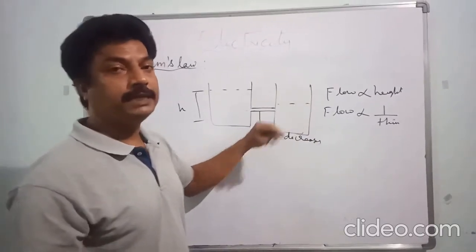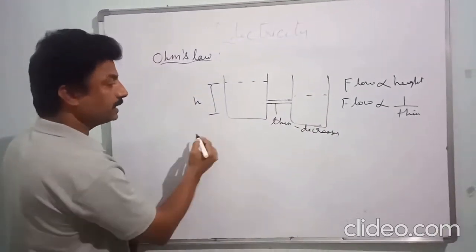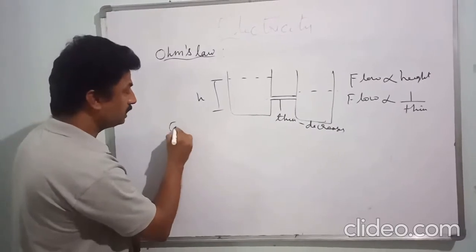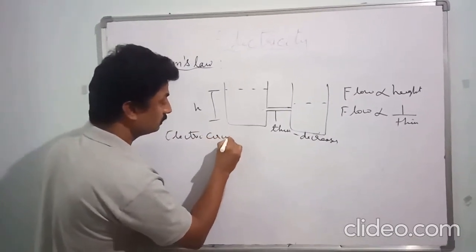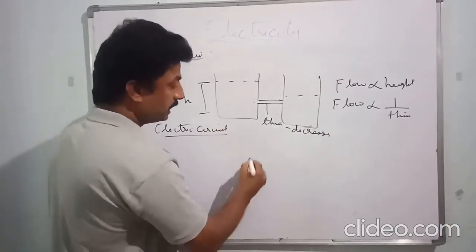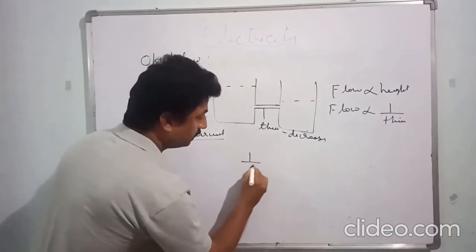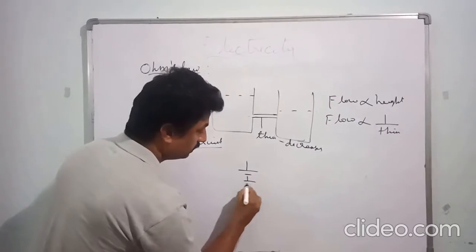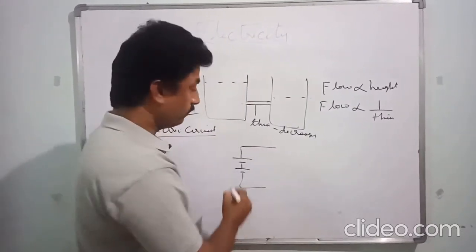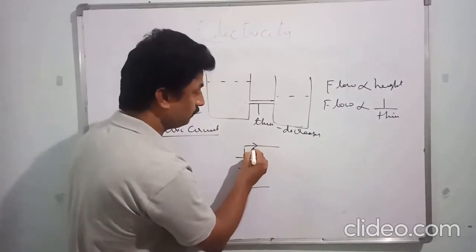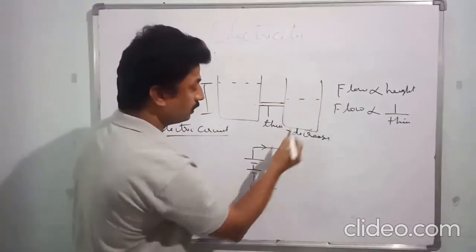In the same way, if we compare this with our electric circuit, in the electric circuit we are taking a battery, where the current will start to flow, like water flows.